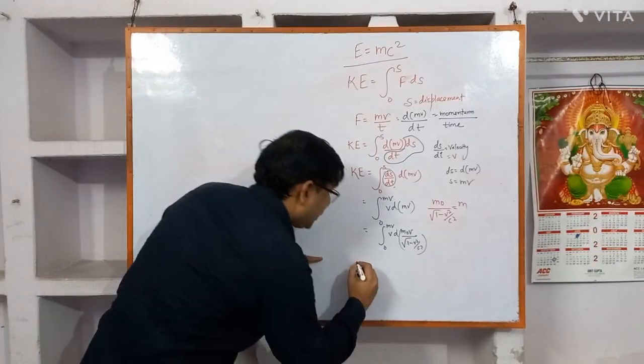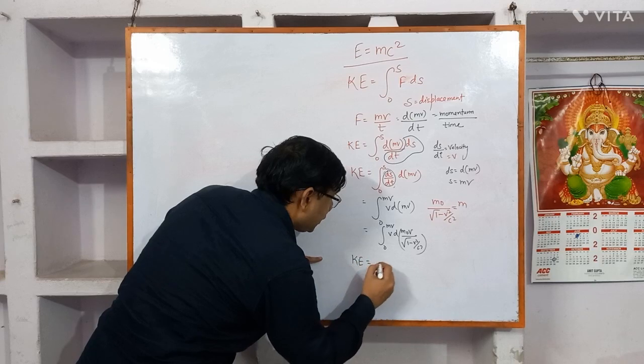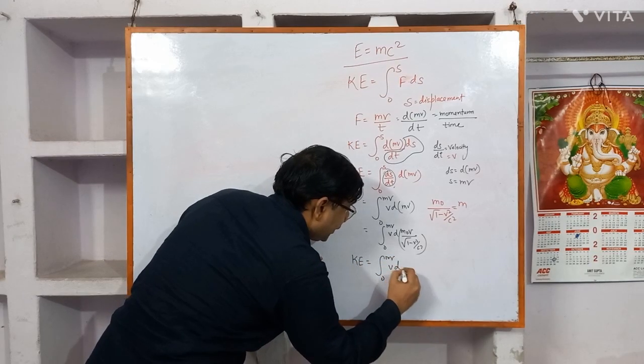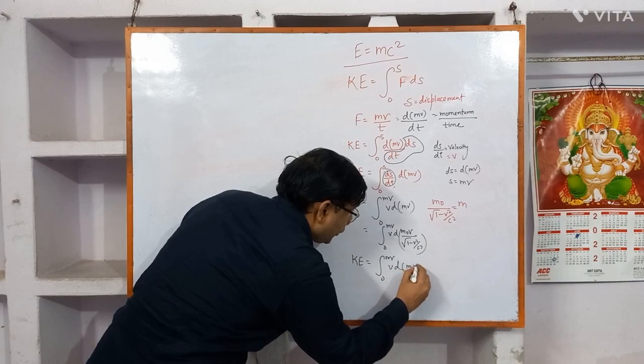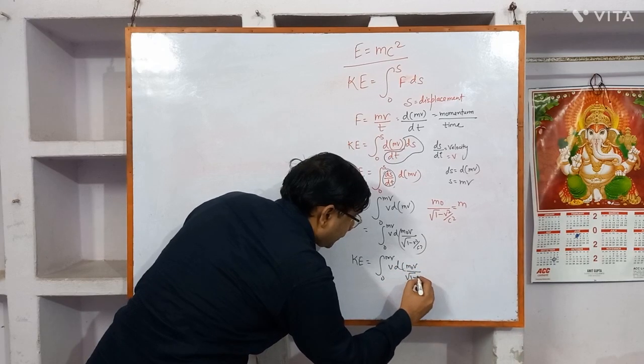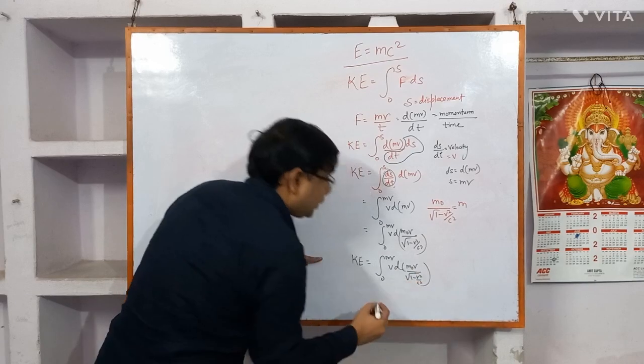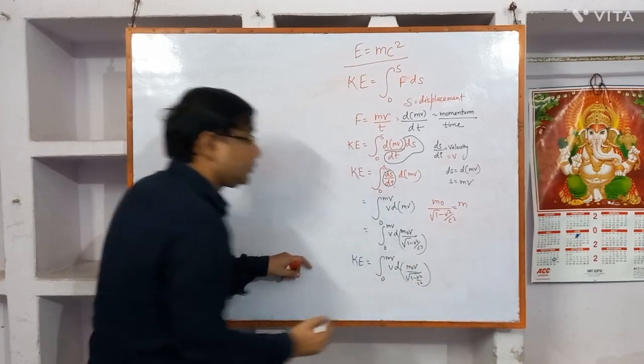Now you can see kinetic energy is the integral from 0 to mv of v d(m0 v) upon root of 1 minus v square upon c square.